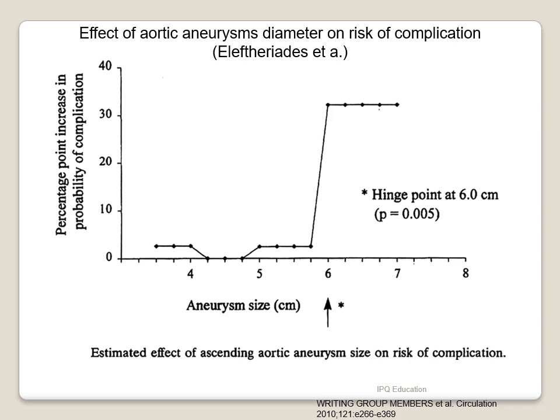Previous data analysis has demonstrated the fact that once the diameter of the ascending aorta exceeds an approximate size of 5.5 centimeters, the risk of complications such as aortic dissection increases significantly.